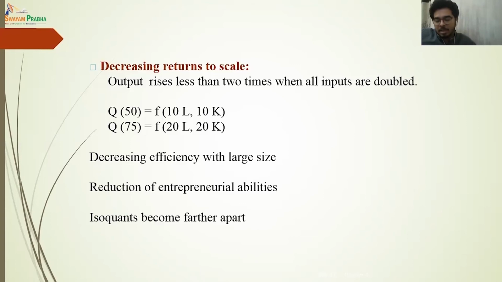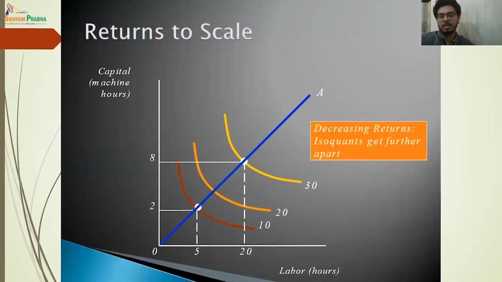It can happen under inefficient managers, or those who have limited entrepreneurial ability, who can raise questions and hence transform their production to the next level, and that does not happen. And hence we observe that the isoquants move further apart.